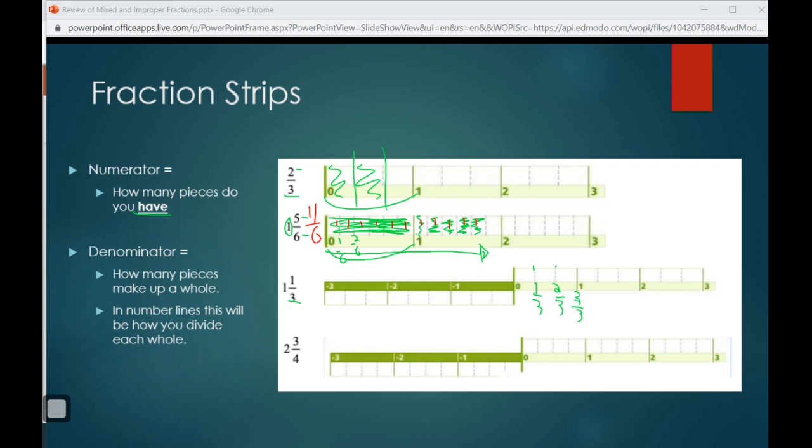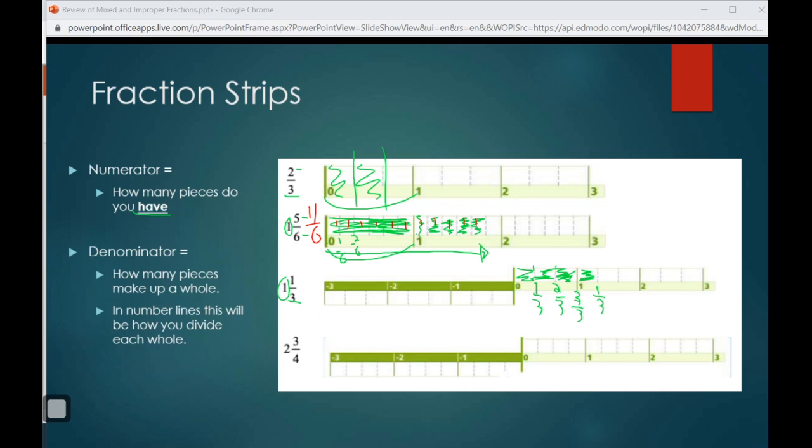So if I were to do this for this next one, this would be 1 whole here, and this would be 1 whole and 1 third. We're going to shade in 1 whole and 1 third. So we shade in 1 whole, 1, 2, 3, and 1 third.